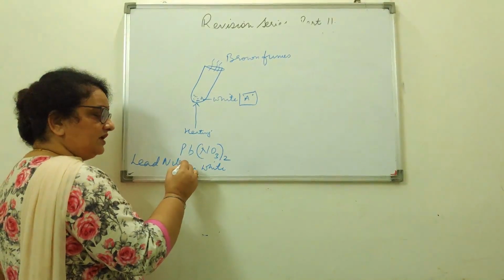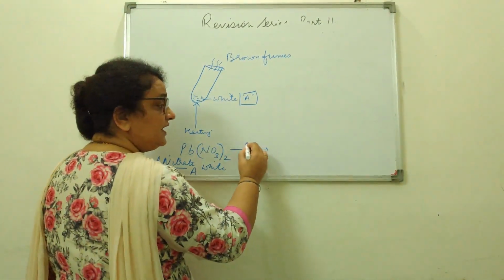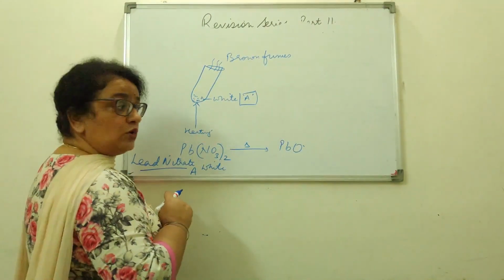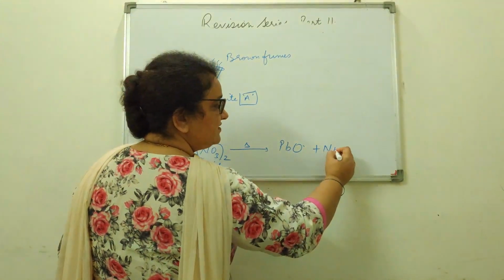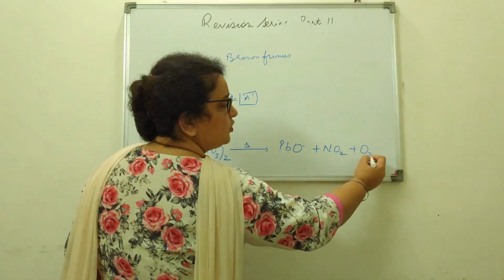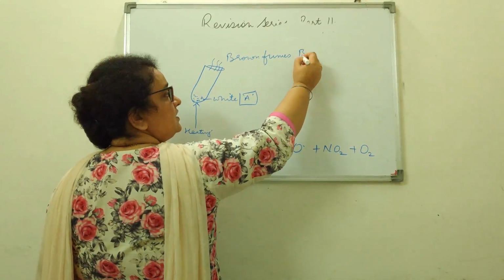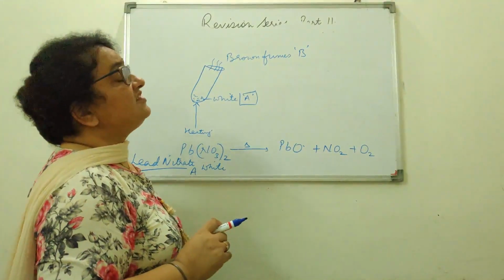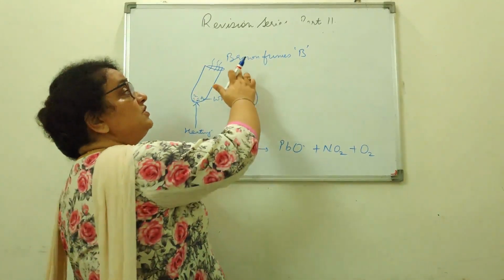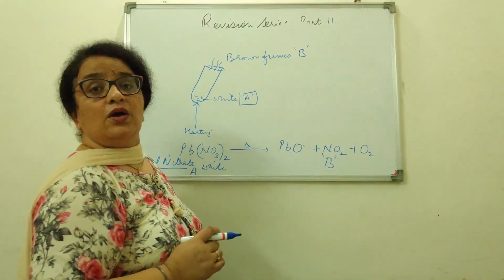Lead nitrate. Clear? On heating lead nitrate, you get lead monoxide plus brown fumes of nitrogen dioxide and of course oxygen gas. But here the question part for this brown fumes says name the gas or name the compound B. So B is nitrogen dioxide.